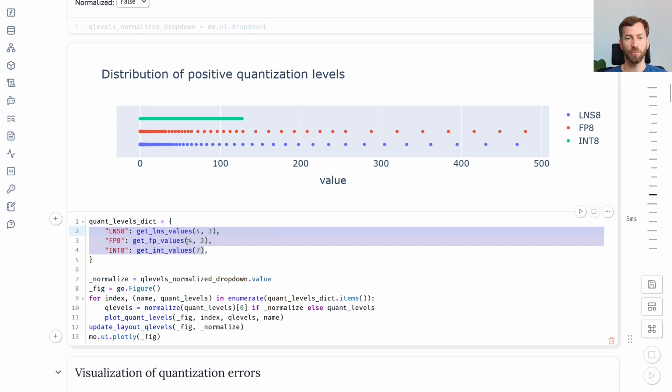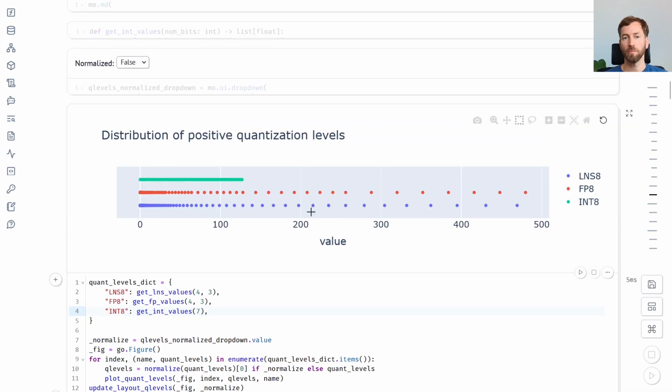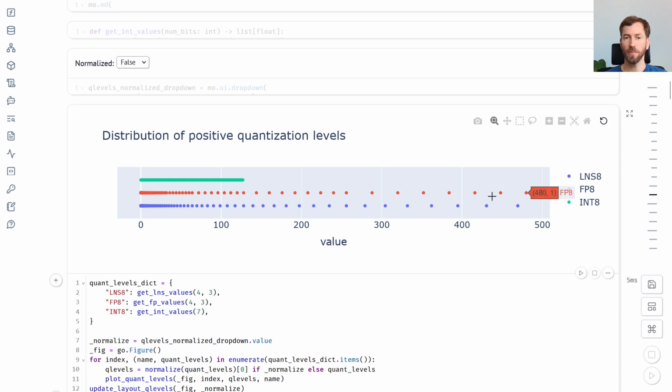For floating point, 4 exponent and 3 mantissa bits. And for the signed integer, we use 7 integer bits. This results in a distribution of quantization levels as depicted here. And to better compare them, we normalize these value ranges to 1.